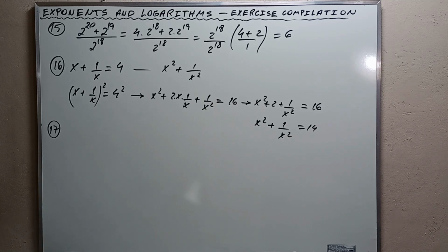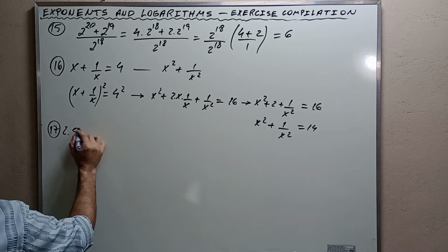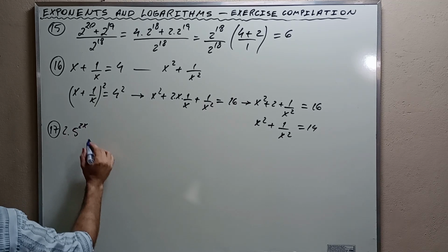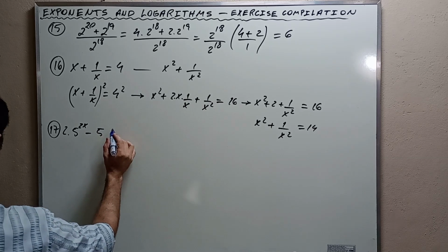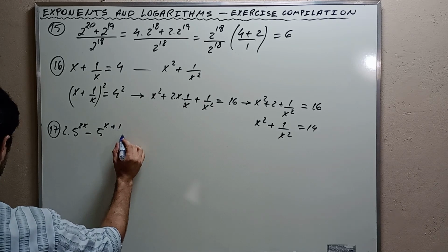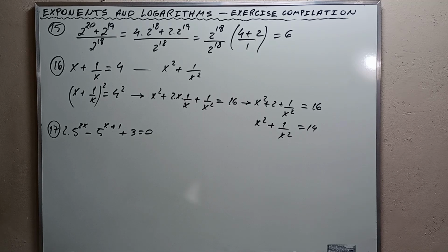What is the integer solution of the equation 2 times 5 raised to the power of 2x minus 5 raised to the power of x plus 1 plus 3 equal to 0? The exercise wants us to find the integer solution of this equation.